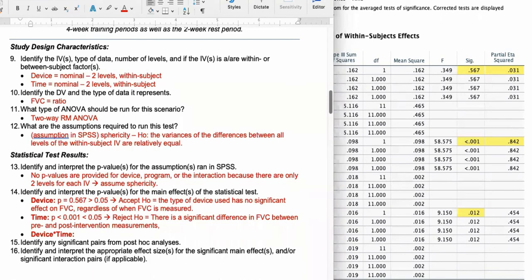And this would be differences between pre and post measurements, regardless of the device used. So in this case, we would say all of our pre-measurements, both placebo and resistance devices combined, and then all of our post measurements, both devices combined, take two means, compare them to each other, and this is what we get.